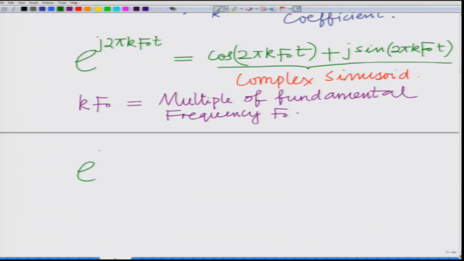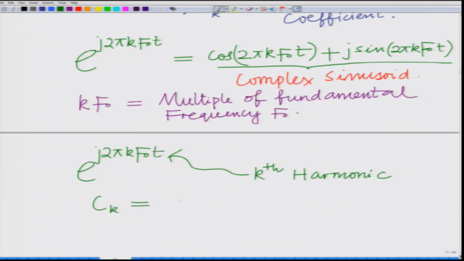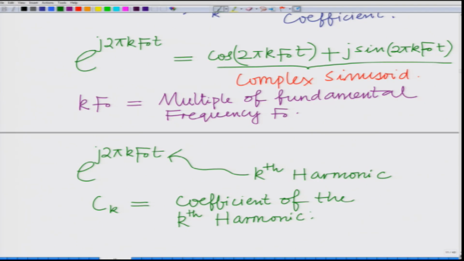This sinusoid at an integer multiple of f naught is termed the kth harmonic, and Ck is basically the coefficient of the kth harmonic in the linear combination.